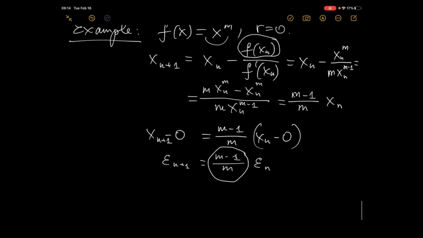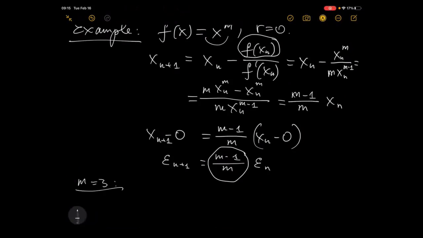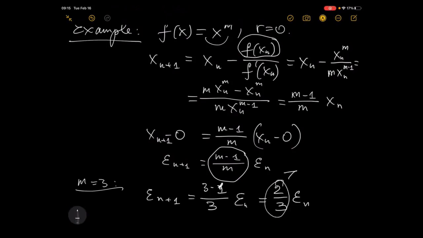Now, if m is more than 2, what will we have? Let me just, for simplicity, consider m equal to 3. Then I'm getting (3 minus 1) divided by 3 epsilon n, which is 2/3 epsilon n. 2/3 is strictly more than 1/2, right?